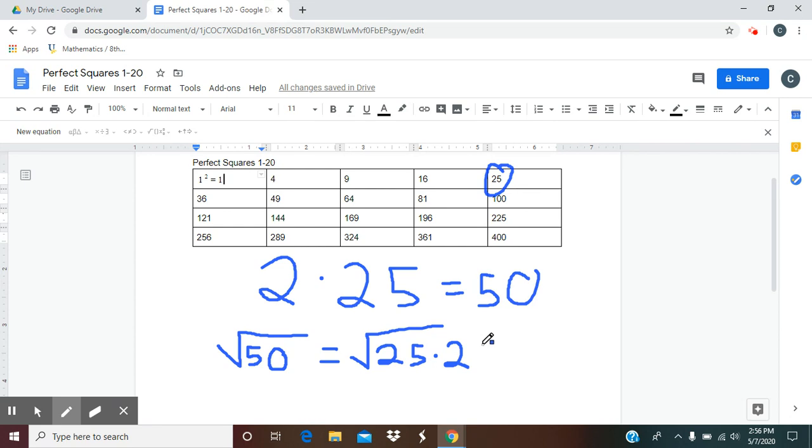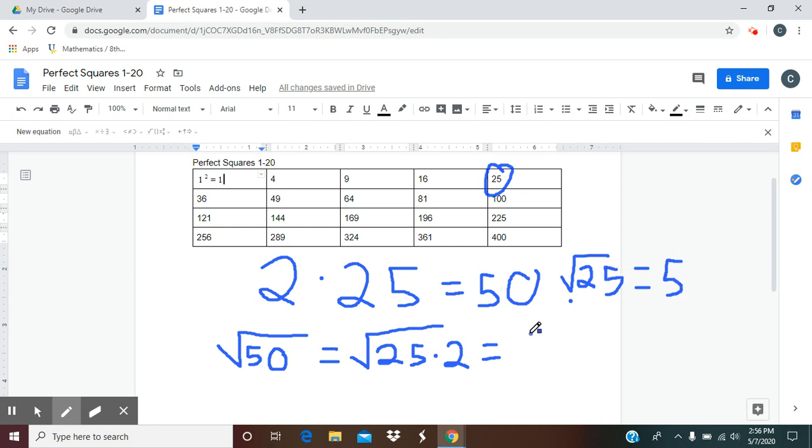then I will try to take the square root of each number that I can, but I'll only take a number out if it comes out evenly. So when I take the square root of 25, that is going to give me 5. Make note of this up here so you understand what I'm saying. The square root of 25 is equal to 5 because 5 times 5 equals 25.